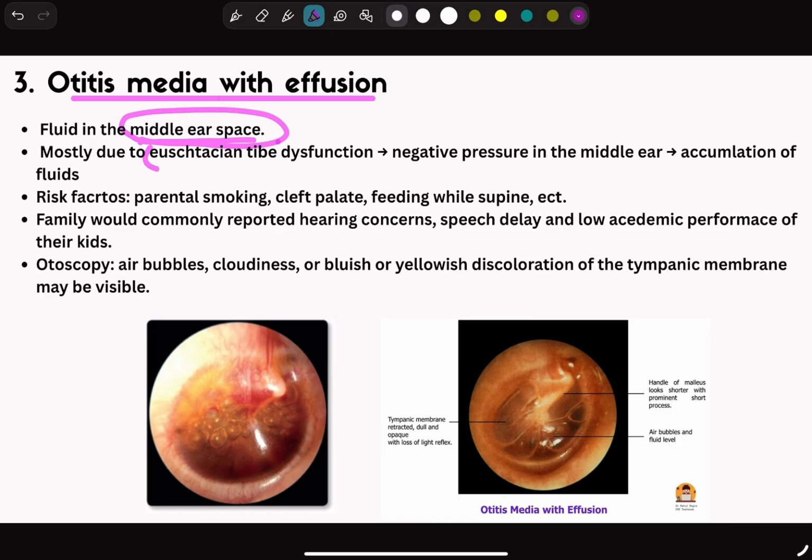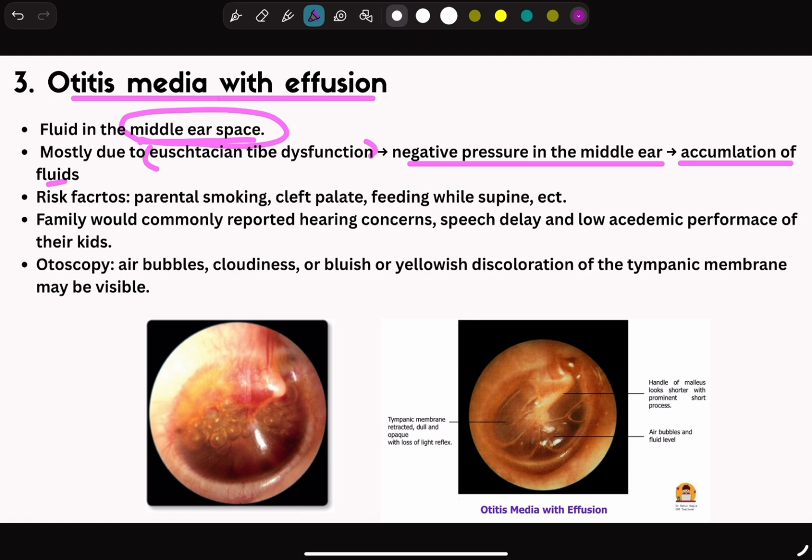The eustachian tube, which we said is responsible for ventilating the middle ear and connects the middle ear to the nose, sometimes, and especially in pediatrics, is not really functioning very well. That will create negative pressure in the middle ear and accumulation of fluid. The fluid cannot be drained because the tube is not functioning.